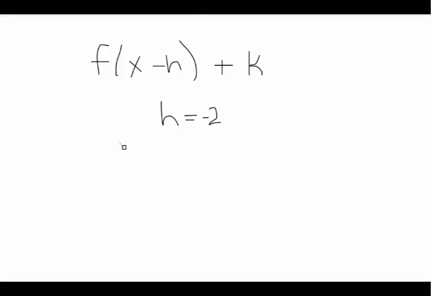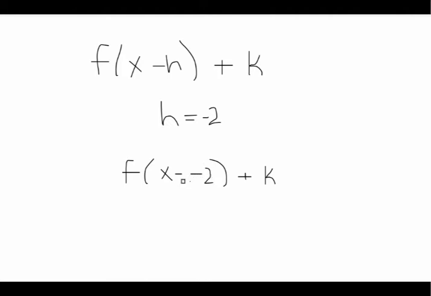So we're back in the sketchpad and we said h is negative 2. If we substitute this h value for negative 2, let's see what happens. I'm writing my equation again, and all I'm doing is substituting the negative 2. Now some of you may be confused: why are there 2 minus signs next to each other?